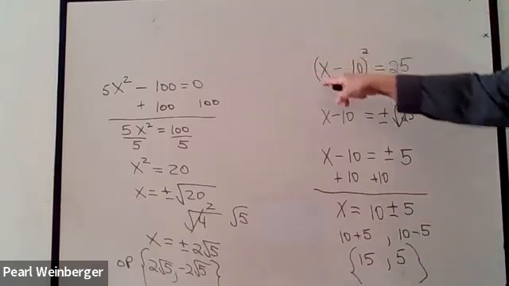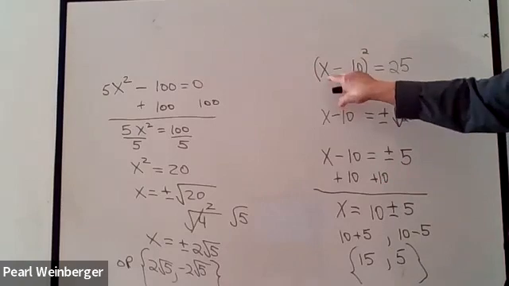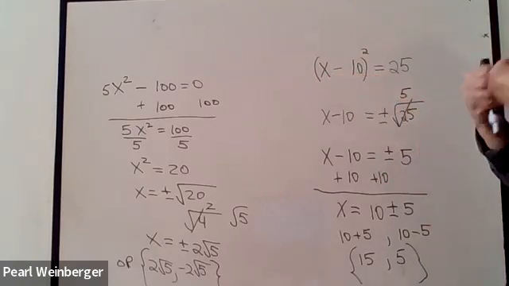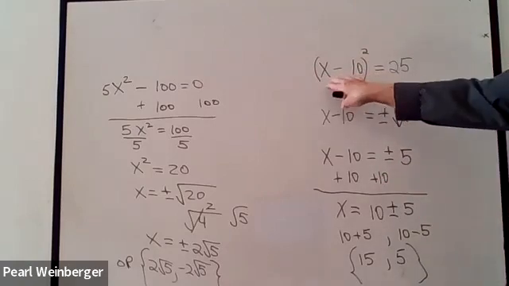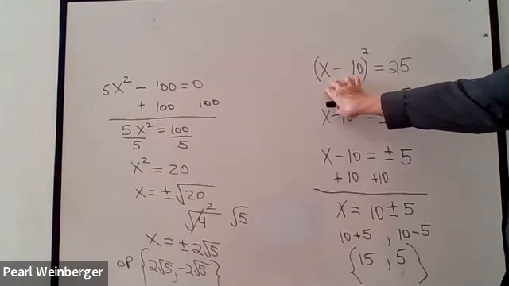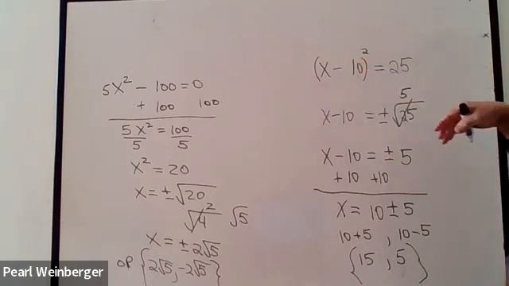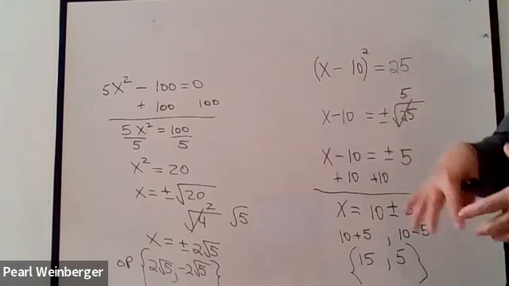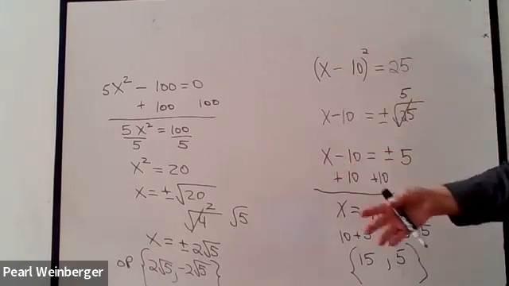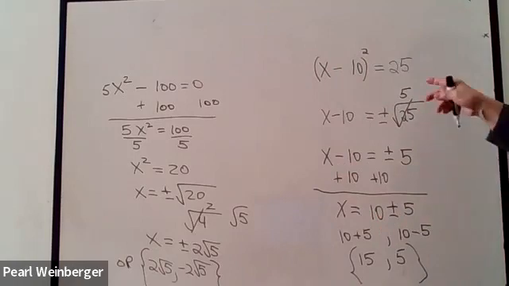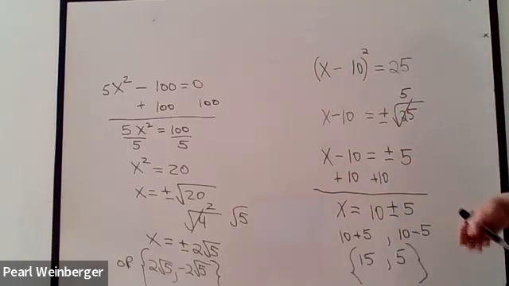If I hadn't had that method, I would have had to do a very long method. I would have had to remove the parentheses by doing FOIL on x minus 10 times x minus 10, and then get it equal to 0, and then factor it, and then solve it.